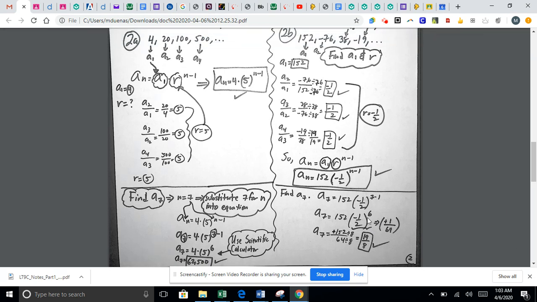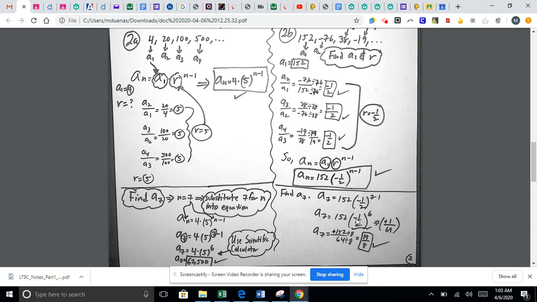But again, now this one here, instead of multiplying again, because we have to follow our operations, we have to do negative 1/2 to the 6th power. If you do negative 1/2 to the 6th power and expand it, that means you're multiplying negative 1/2 times negative 1/2 times negative 1/2 times negative 1/2. Basically, 6 different times you're multiplying negative 1/2. So when you do that calculation, you're going to end up with positive 1 over 64.